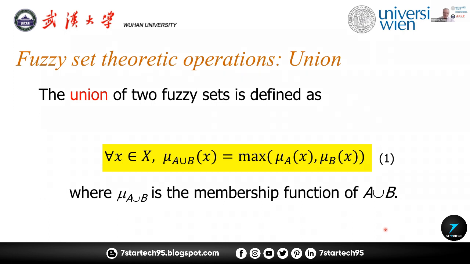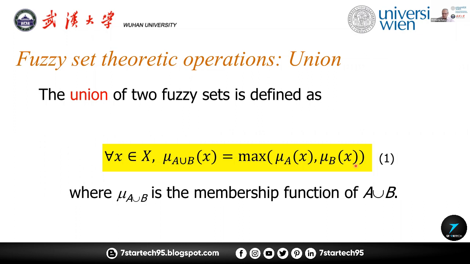So the simplest and the easiest way of defining the union of two fuzzy sets is to use the so-called maximum operator. So if we have two fuzzy sets A and B, and we would like to calculate the union, the membership value for an element X of the union of these two sets A and B, we just take the maximum of the membership values for a particular element of the universe.